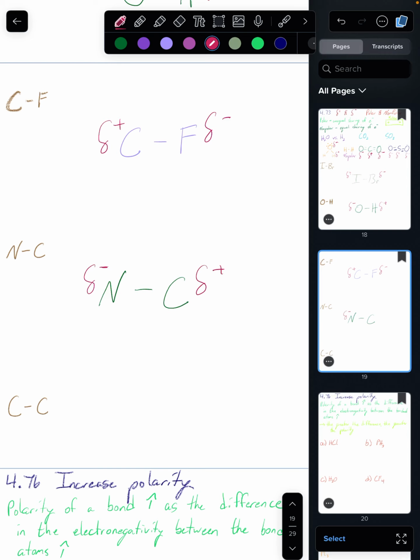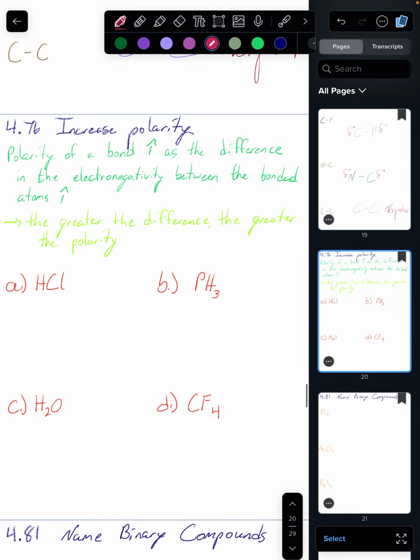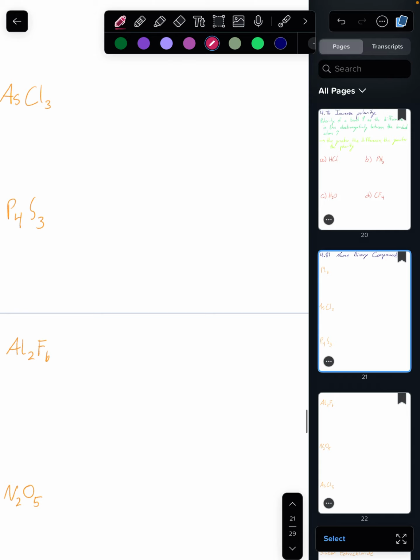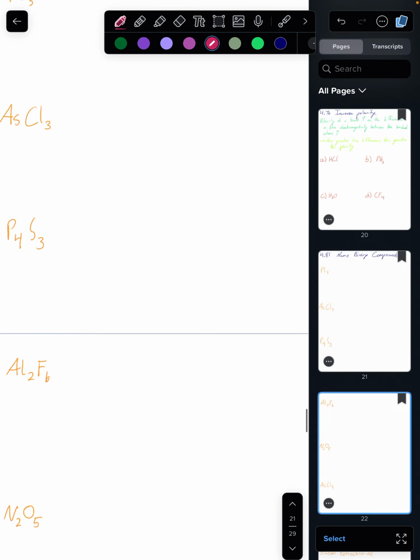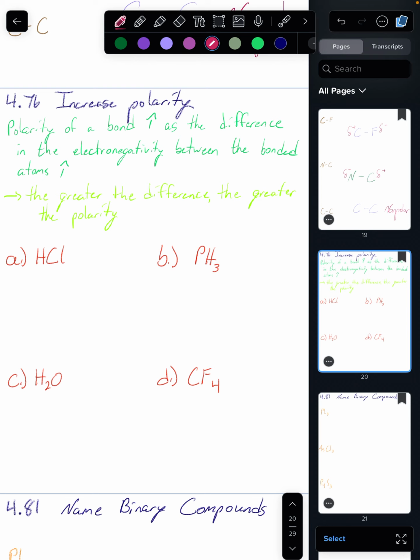And in this case, carbon, well, it's the same molecule. So it's actually nonpolar. Alright. We're getting there, I promise.